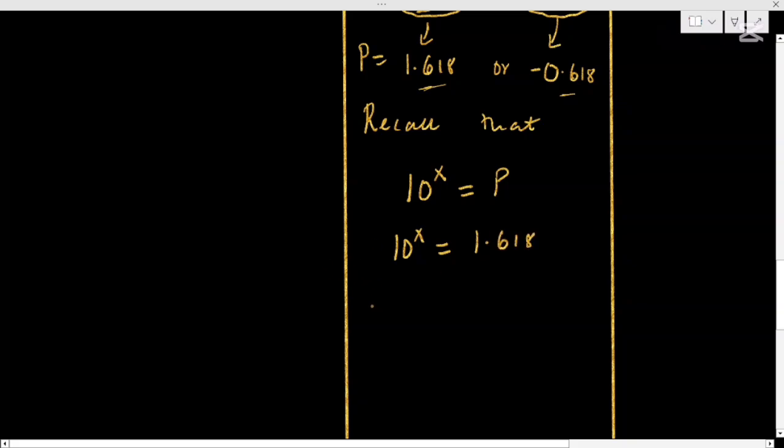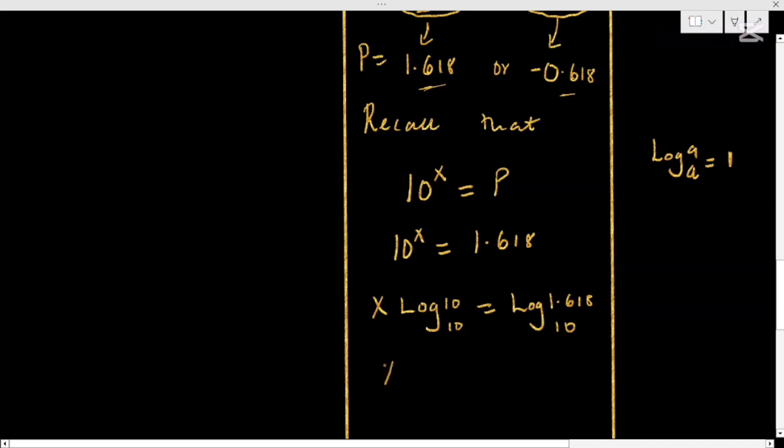When we introduce logarithm, it becomes x log 10 base 10 is equal to log 1.618 base 10. Remember, in the laws of logarithm, whenever we have log a base a, it is equal to 1. So here we have log 10 base 10, so it is automatically 1.